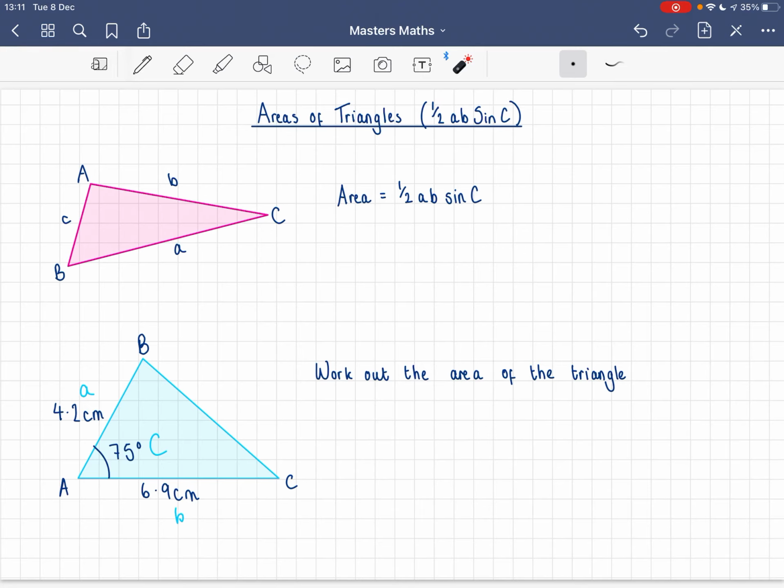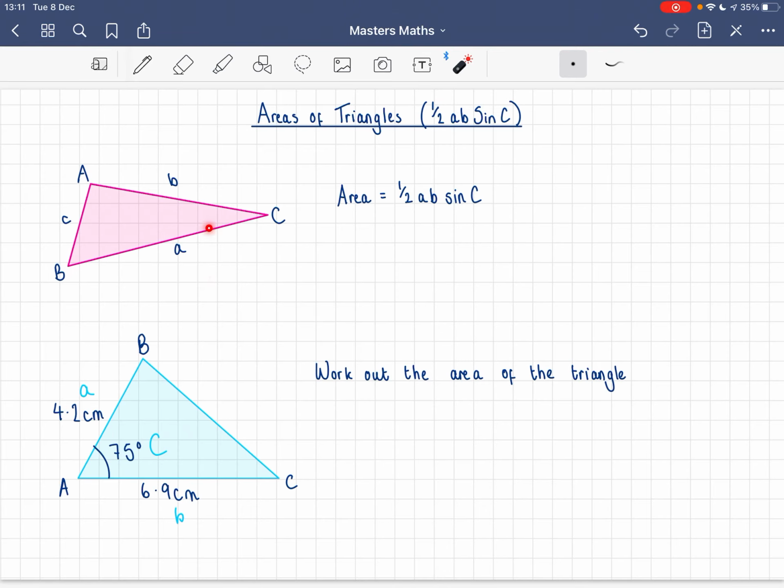So we are labeling it like this. We label the angles A, B, and C using uppercase capital letters. So this is angle A, this is angle B, and this is angle C. And then we use that to label the sides. You could label the sides first and go backwards to work out the angles, but you have to make sure your angles and your sides go in corresponding pairs, and they are always opposite each other.